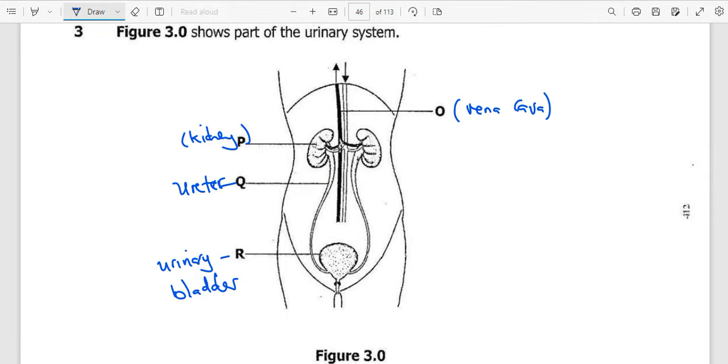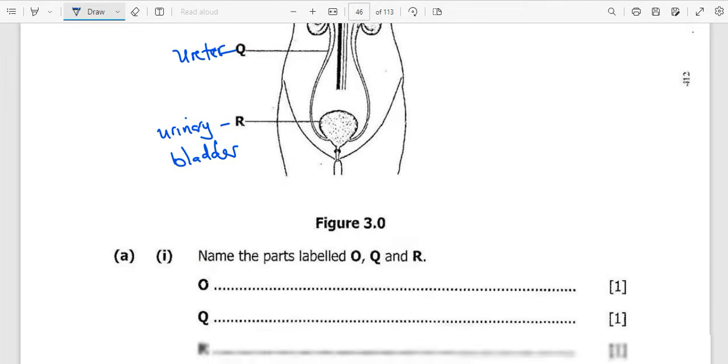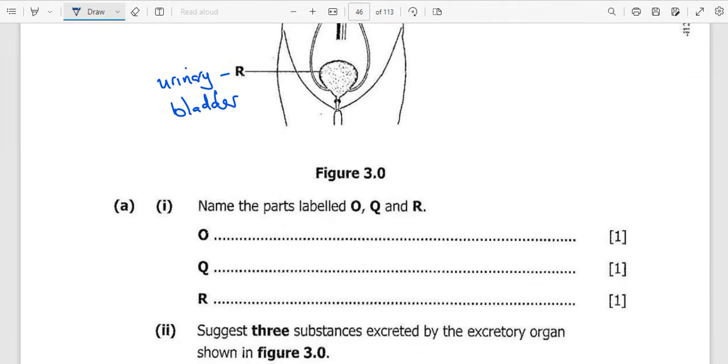Okay, so let us see the questions. Name the parts labeled O, Q, and R. So we have labeled these parts: this is the vena cava, apart from that we have the ureter, and then from there the urinary bladder.